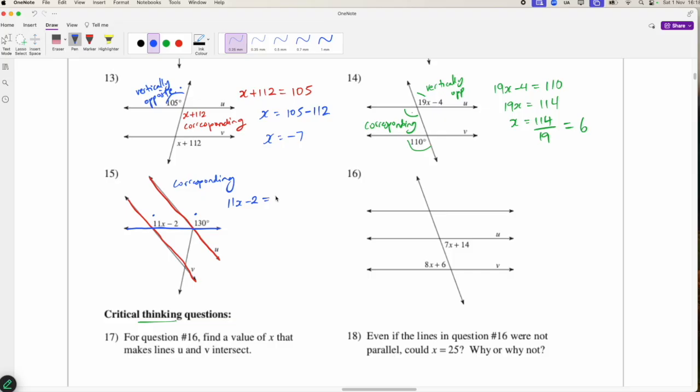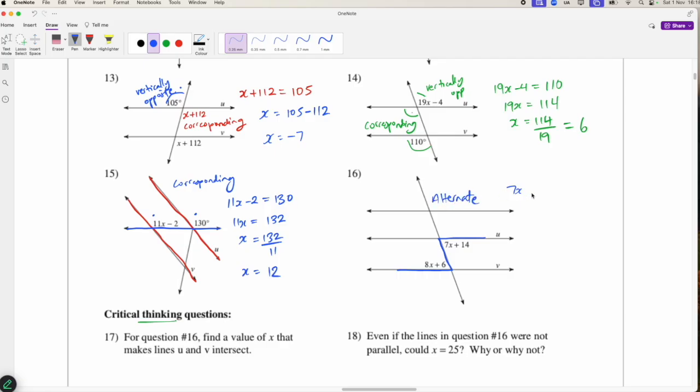Minus 2 will be equal to 130. So 11x is 132. X is 132 divided by 11, 12. And of course, these are alternate. You can see the Z quite easily. And so 7x, alternate.